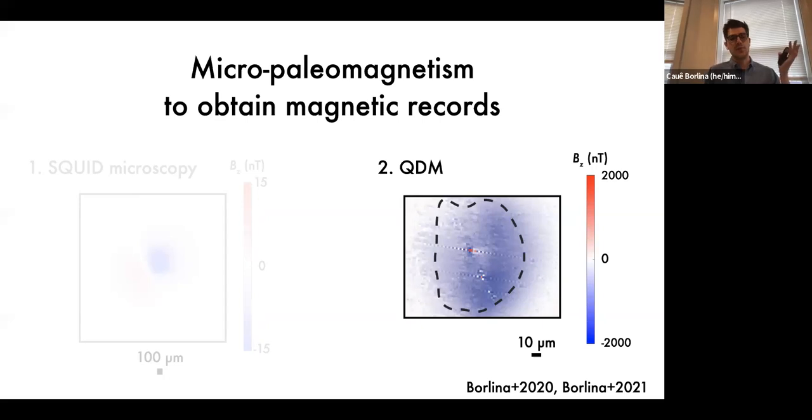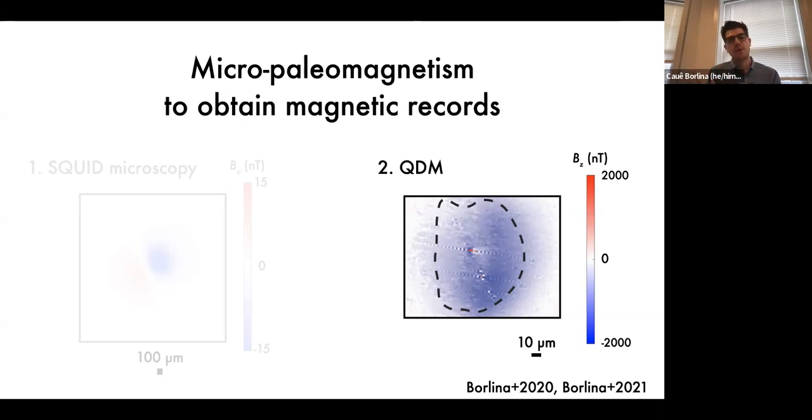What we did here was conduct our experiments on our chondrules with the SQUID microscope. Then at the end, we applied a very strong magnetic field to our samples such that all the magnetic carriers just light up. When you put them under the QDM, you can identify where within the chondrule the magnetic field is coming from.